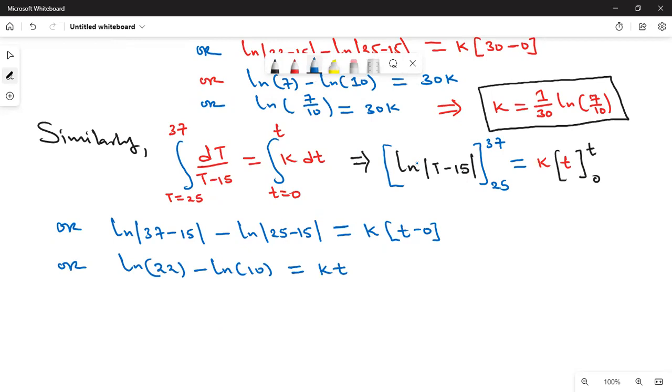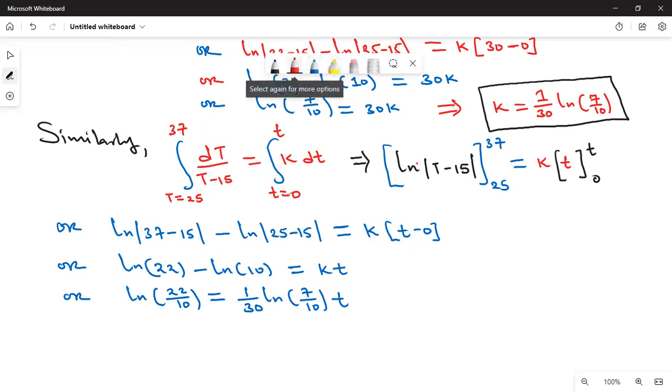And I'll also replace the value of k. So here we can now write log of 22 over 10 equals k, which we got as 1 over 30, so 1 over 30 times log of 7 over 10 times t. So let's make t the subject.